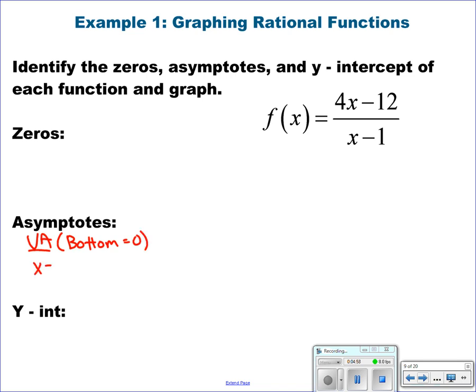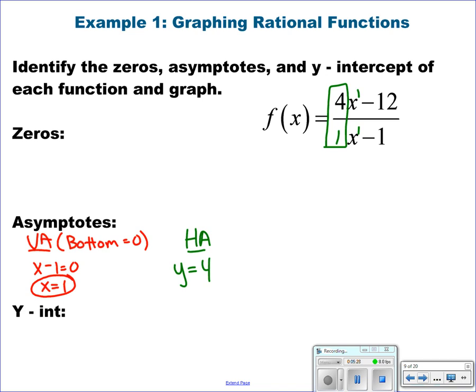So x minus 1 equals 0, x equals 1. That's going to be your vertical asymptote. Your horizontal asymptote, HA, is the ratio of the coefficients. The degrees are equal, so it's the line y equals 4 over 1, or y equals 4.